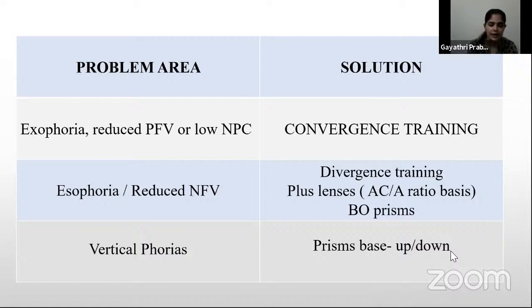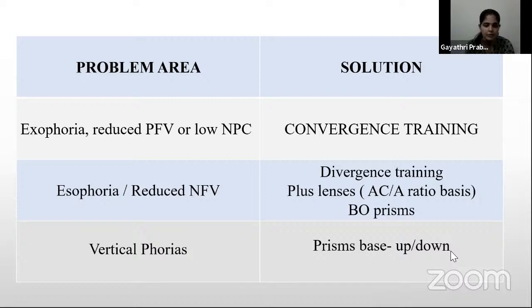Here again, with respect to esophoria and exophoria, 3 to 4 exophoria is considered normal for near. At the same time, for distance, it can be ortho, it can be slight exo, or even a little bit of eso is still tolerable by normal patients on a regular basis. But it becomes intolerable, or a problem for them, when they see screens for a long period of time, and that is when you require management.